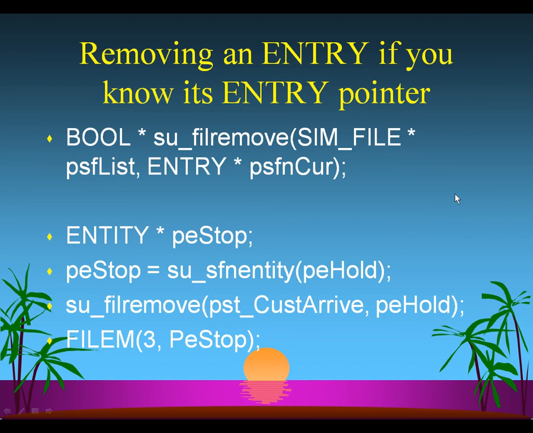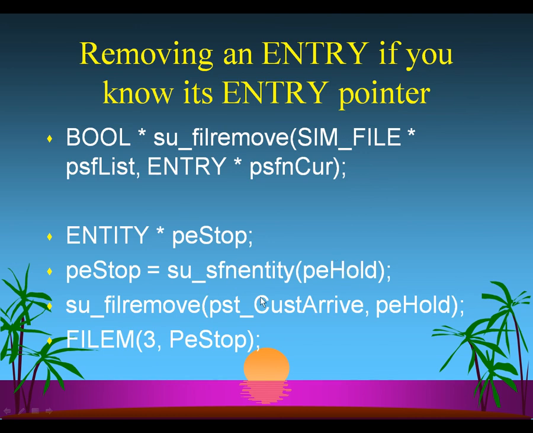We can also remove an entity or an entry if we know its entry pointer. Just like rmove uses rank, this function su_file_remove removes an entity pointer, but you need its sim file pointer, and you also need its entry pointer. So, for example, we can define an entity pointer PEStop. We find the entity information and store it in PEStop. PEHold is the entry pointer.